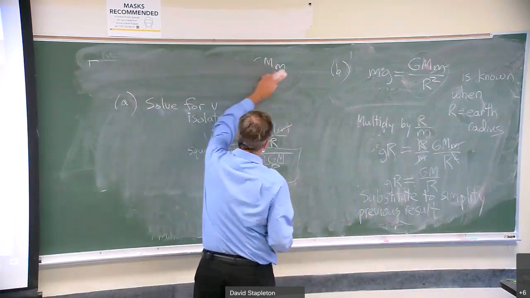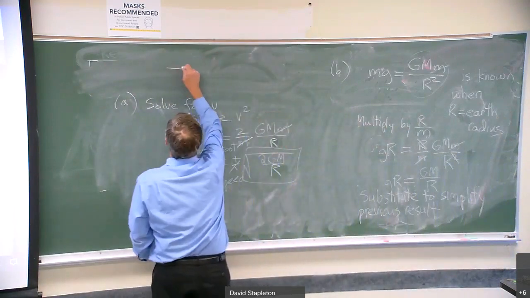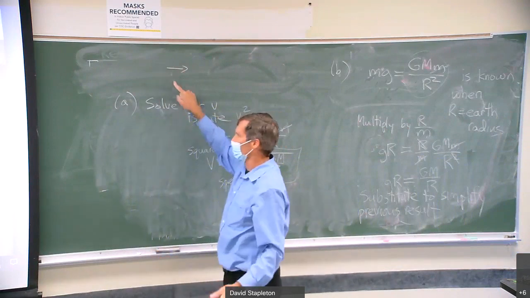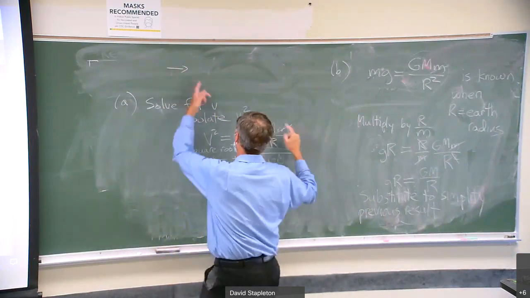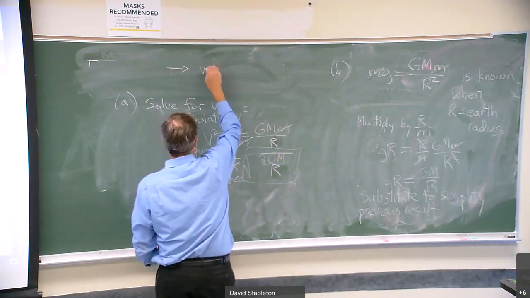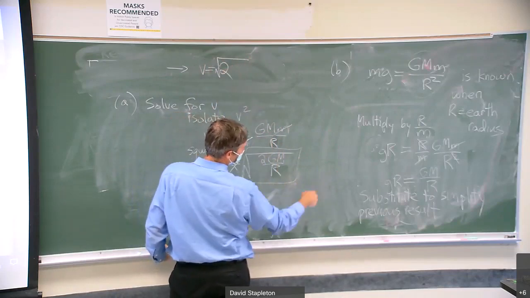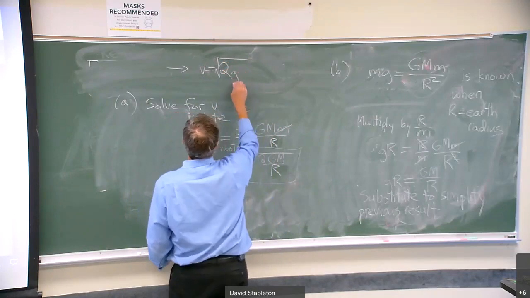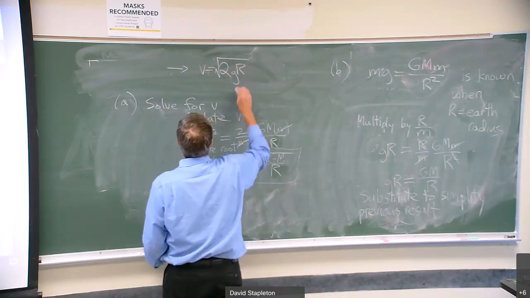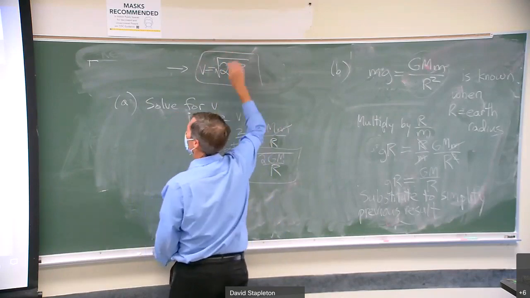I'm asking you to do that, and you get, I'll put it, this arrow means implies, so these two things imply that v is equal to the square root of 2, and I replace GM over r with gr. There's what I get with that one.